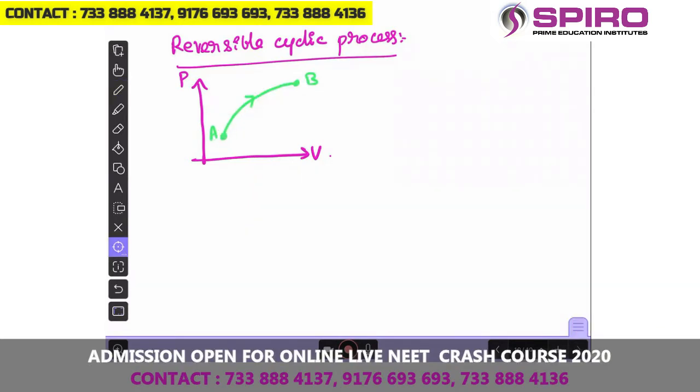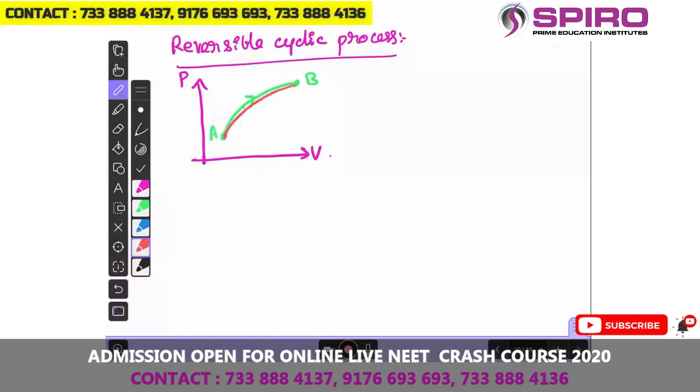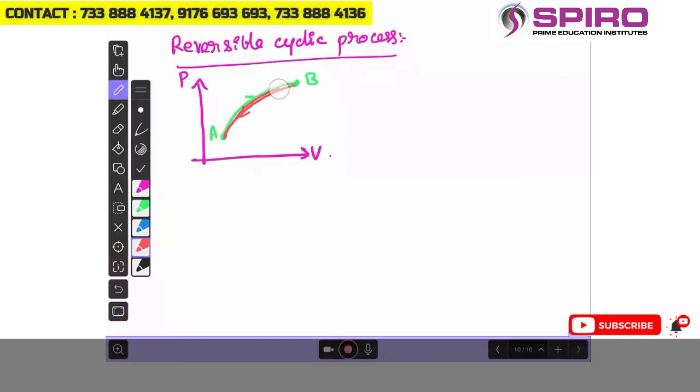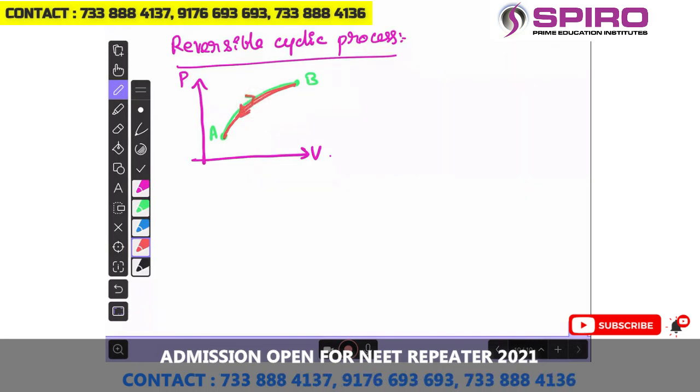While returning, it follows the same points and comes back to the point A. This is called a reversible cyclic process.